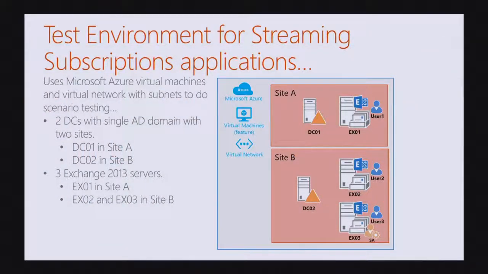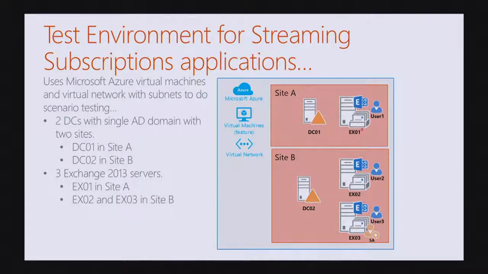So before I get into some demos here, I just want to introduce the test environment that I'm going to do these demos within. Basically what I've done is set up using Azure. I'm just using IaaS in Azure to set up virtual machines, create a couple subnets, 2 domain controllers, one in site A, one in site B, 3 Exchange servers.